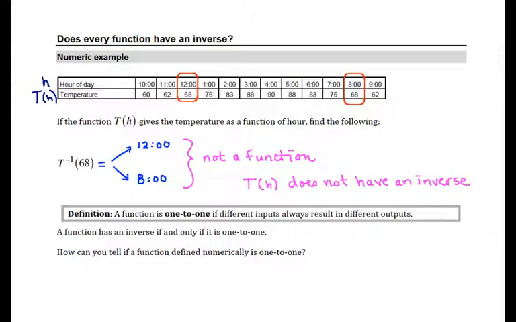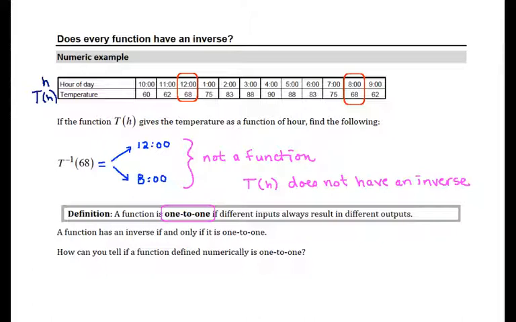The quality that makes it not possible for T to have an inverse is that it isn't what we would call one-to-one. We say that a function is one-to-one if different inputs always result in different outputs. As we can see from this example, the problem is that the output 68 repeated.